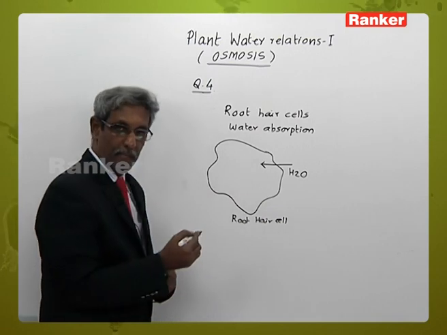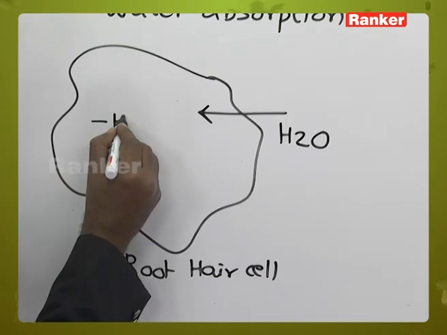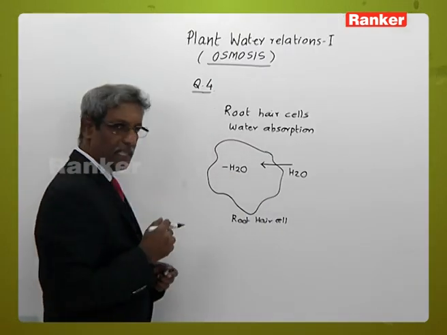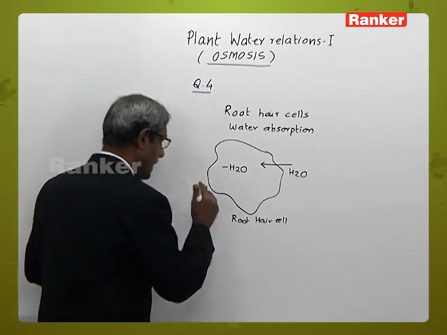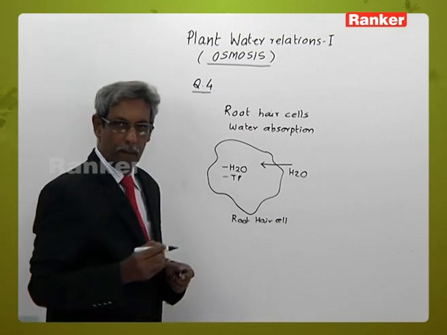A typical root hair cell initially has less water, and because it has less water, it also has less turgor.